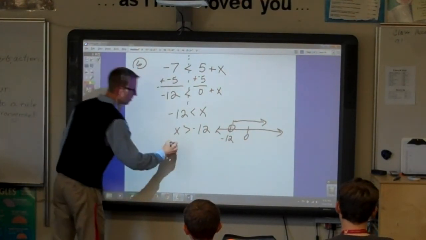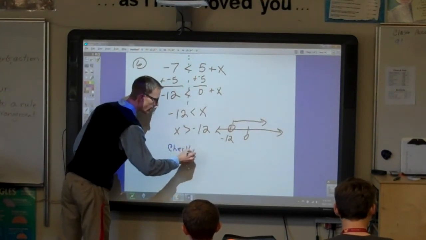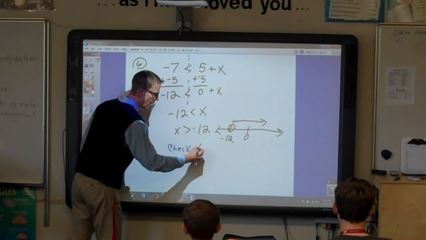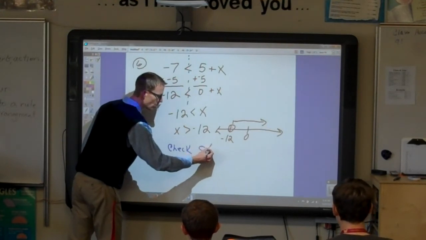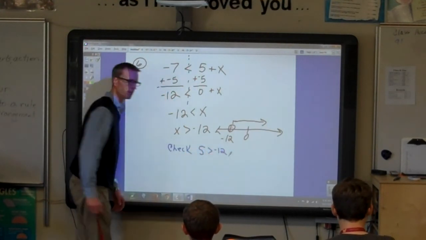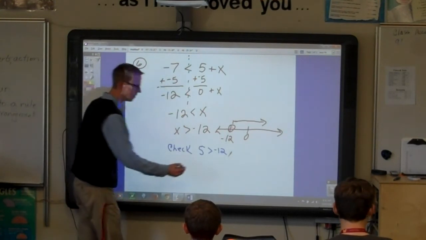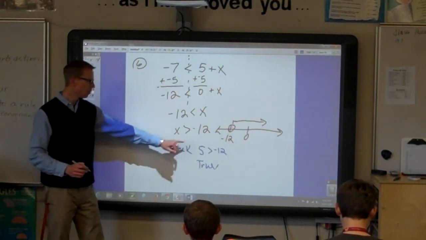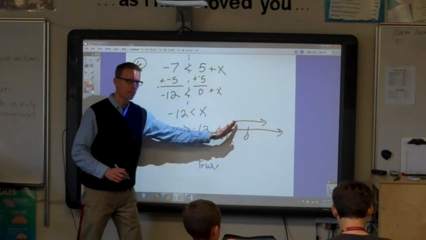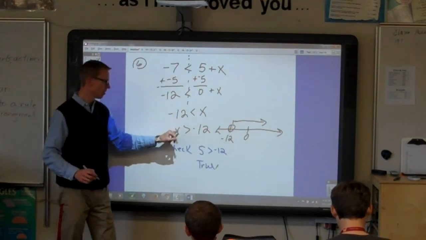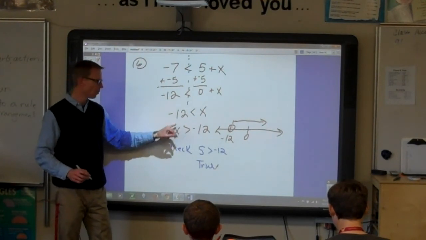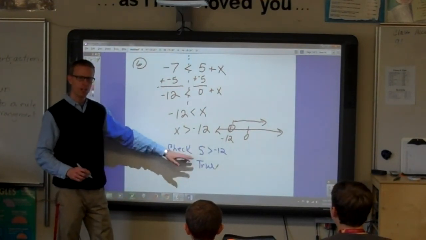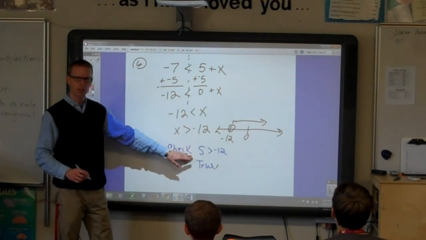So to check it, you can pick any number. Let's say we pick 5. Is 5 greater than negative 12? Yes, true. Then you know you shaded the right way. If you replace the variable with a number that's included in the shading portion, and it's true, then we know that we shaded the right direction.